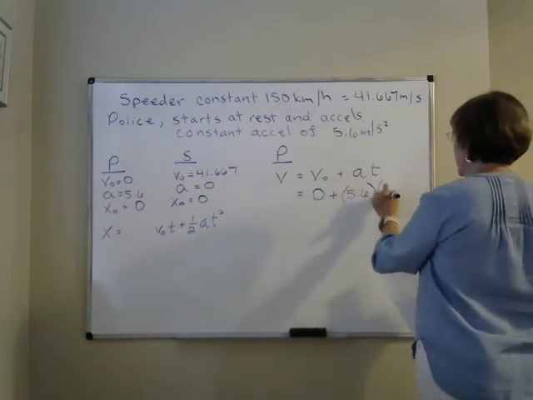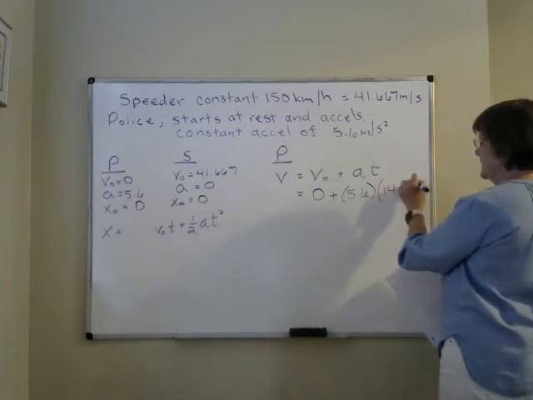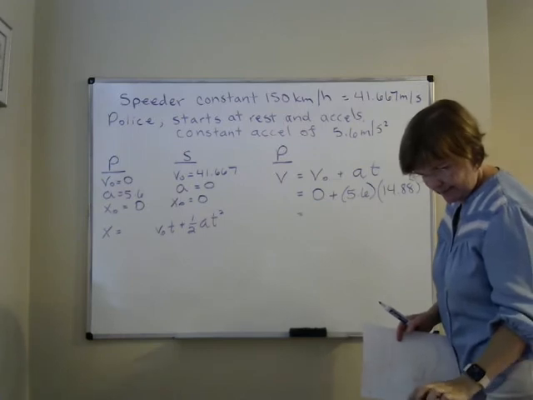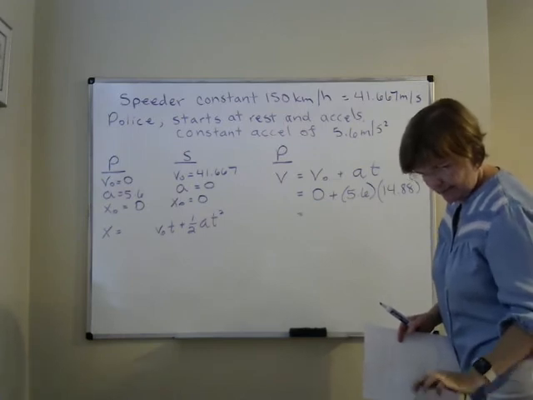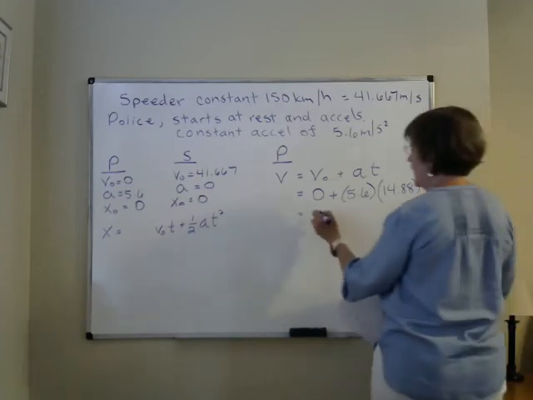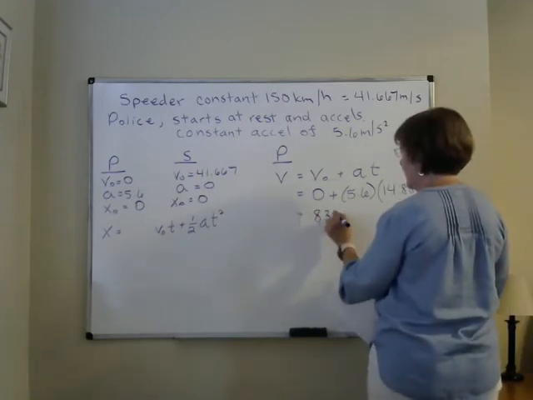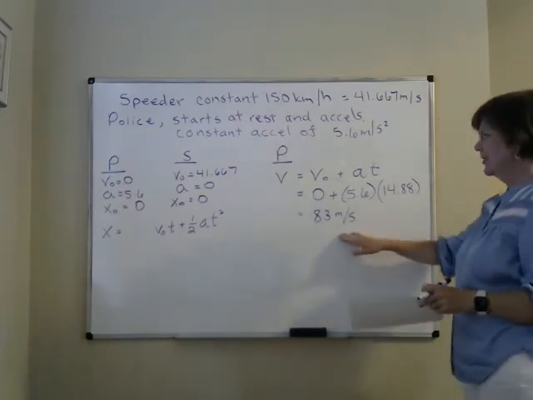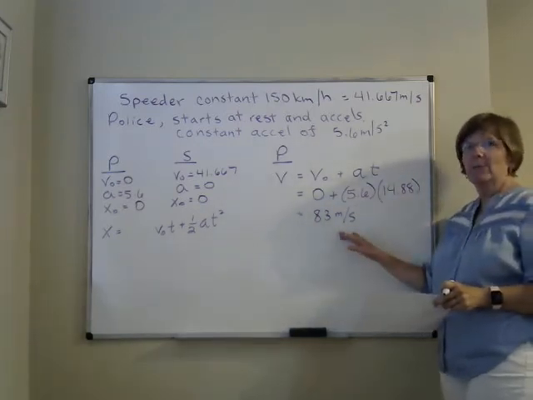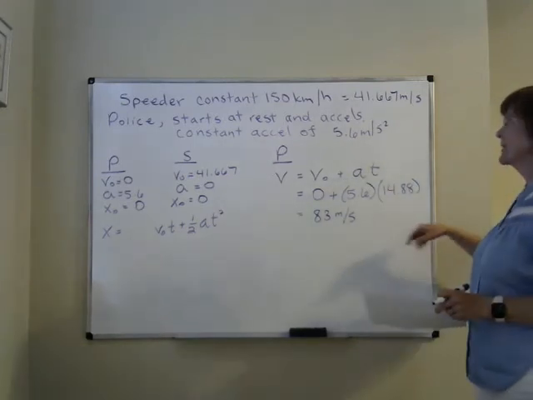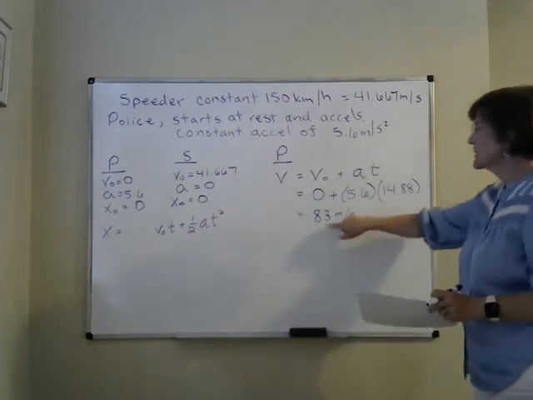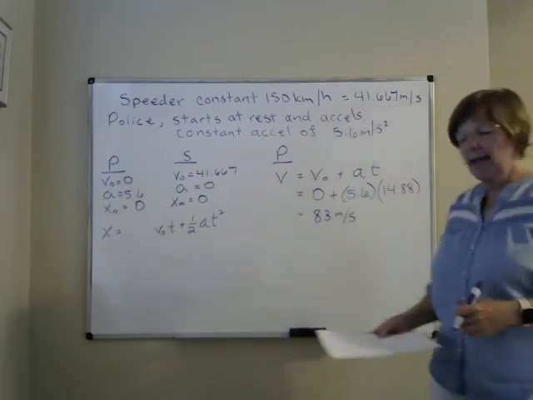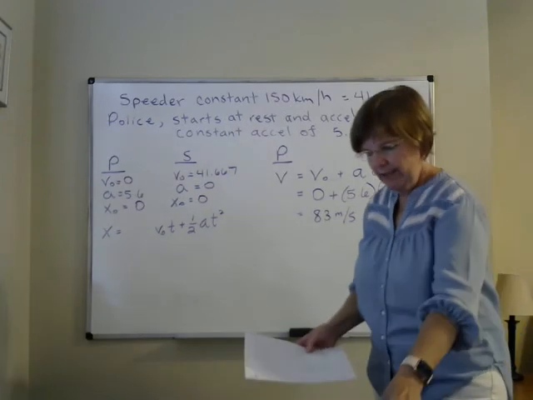If he does that for 14.88 seconds, or 15 seconds, what we see is he'll end up going about 83 meters per second, which, in case you're wondering, is about 190 miles an hour. So not very realistic to think. Notice he has to go basically twice as fast as the speeder by the end, so that they had the same average speed.